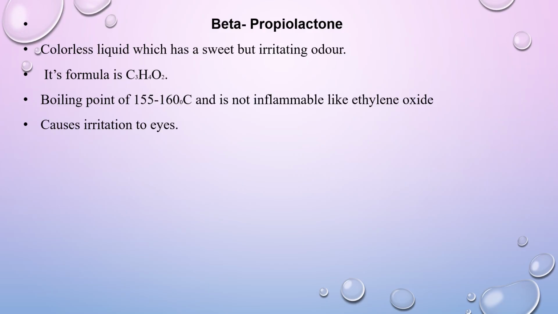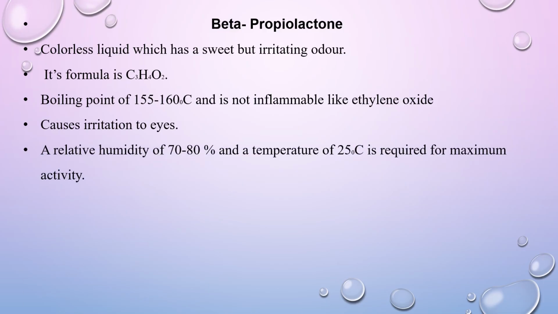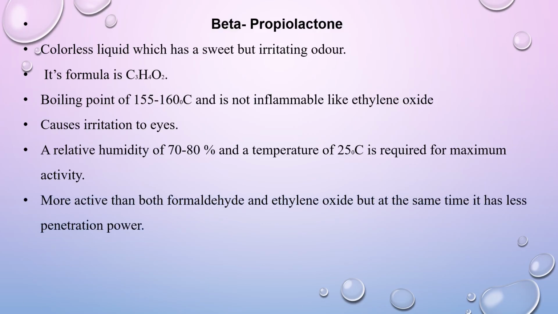It kills both the vegetative cells as well as spores, and hence it is a good sterilizing agent. A relative humidity of 70 to 80% and temperature of 25 degrees is required for maximum activity. It is more active than formaldehyde and ethylene oxide, but at the same time it has less penetration power.